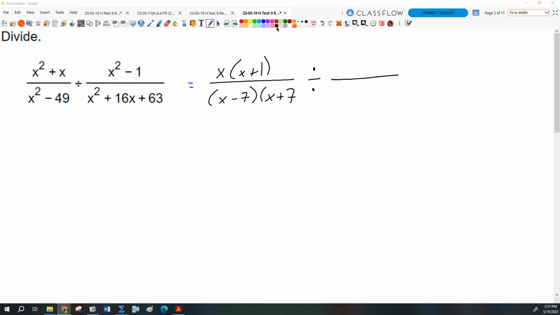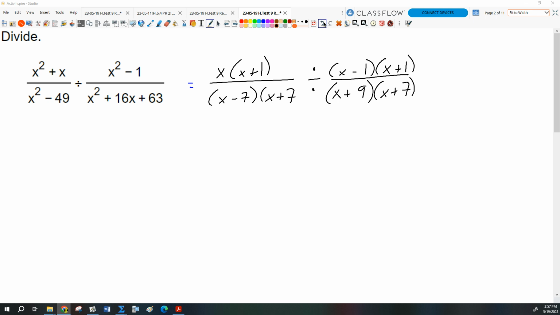Divided by second, top factors into bottom. There you go, x plus 9 times x plus 7.